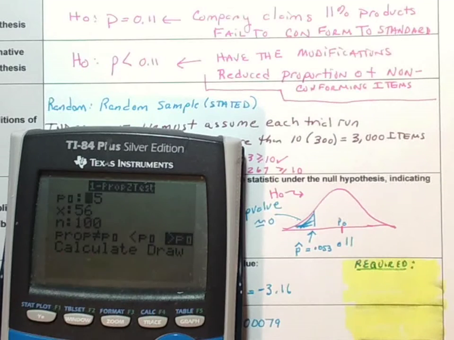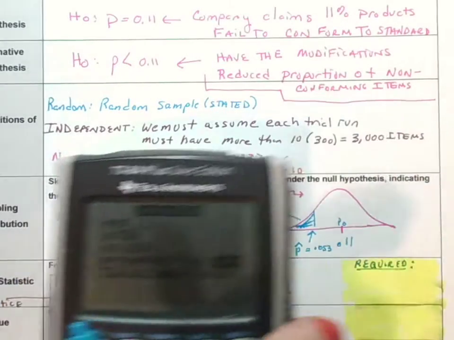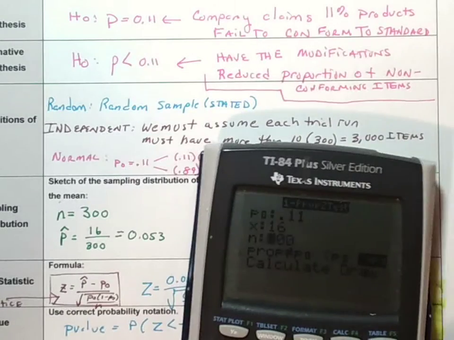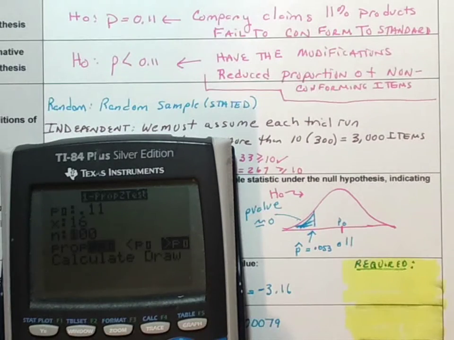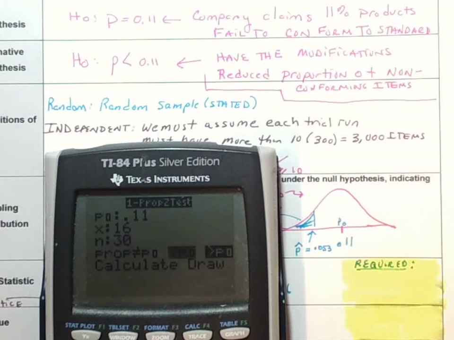Our null hypothesis is 0.11. We had our p-hat, the number of successes is 16 out of 300. Now this is a left tail test, so I have to change this to a left tail test. I hit calculate.